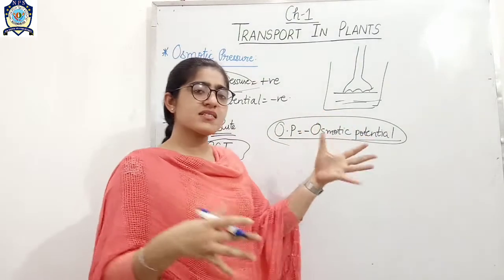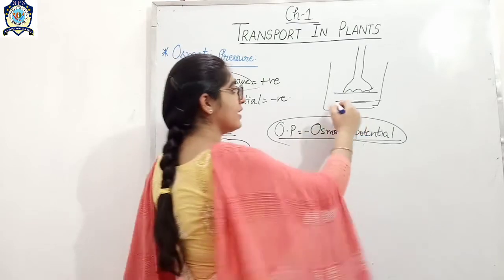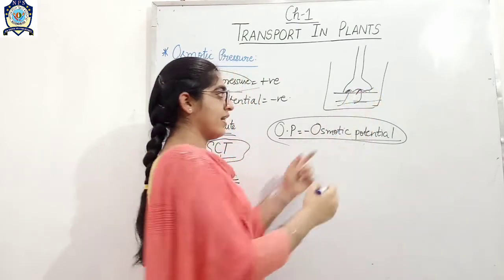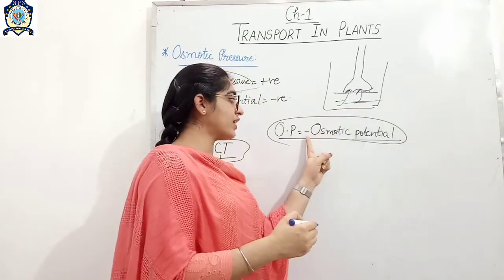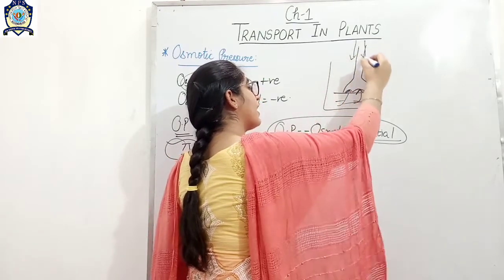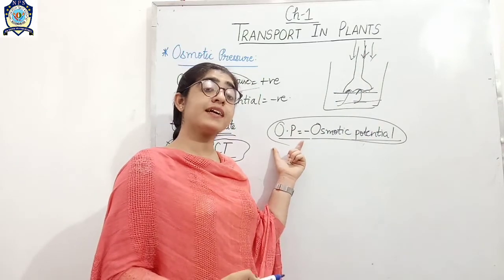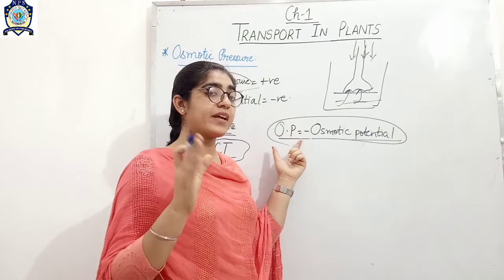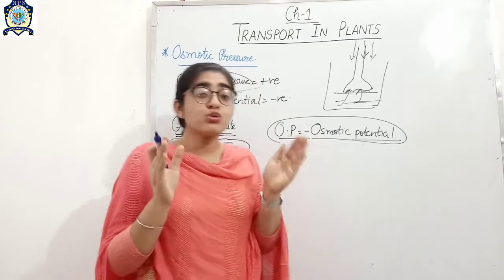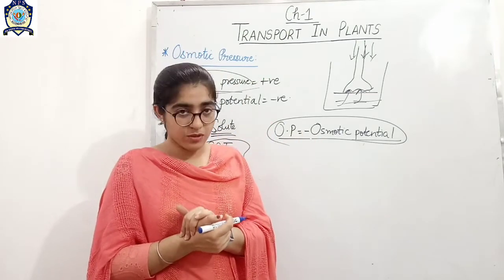Osmotic potential is just the ability of water in osmosis. We said it goes from higher to lower, so it is the reverse condition, so we are using the negative sign, and we were applying the pressure. That pressure is the osmotic pressure, because osmotic pressure is used to stop the net movement of water molecules.